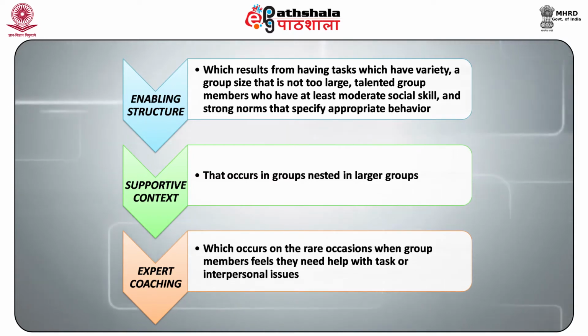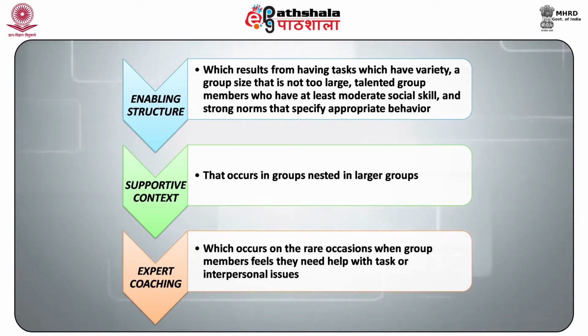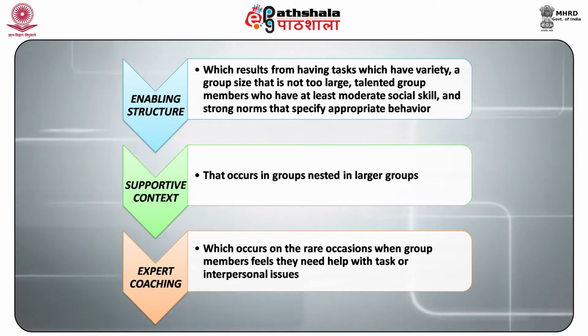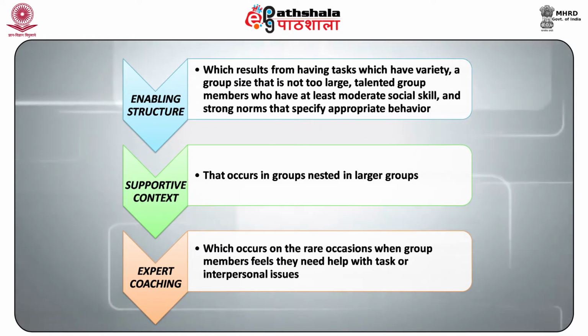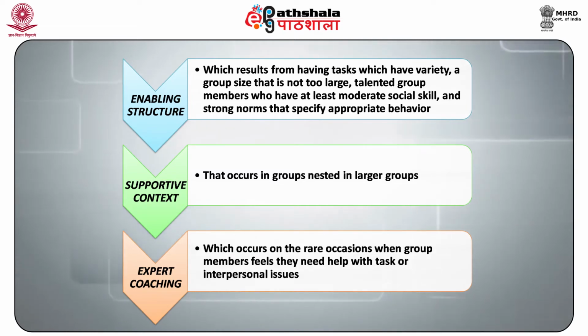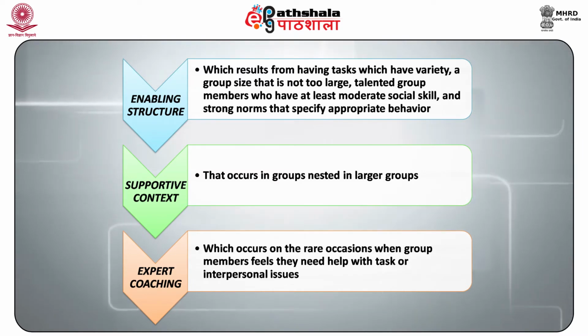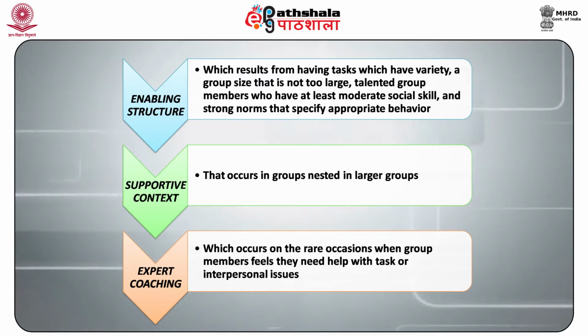Fourth, supportive context that occurs in groups nested in larger groups, for example companies. In companies, supportive context involves: A. Reward systems that reward performance and cooperation, for example, group-based rewards linked to group performance. B. An educational system that develops member skills.